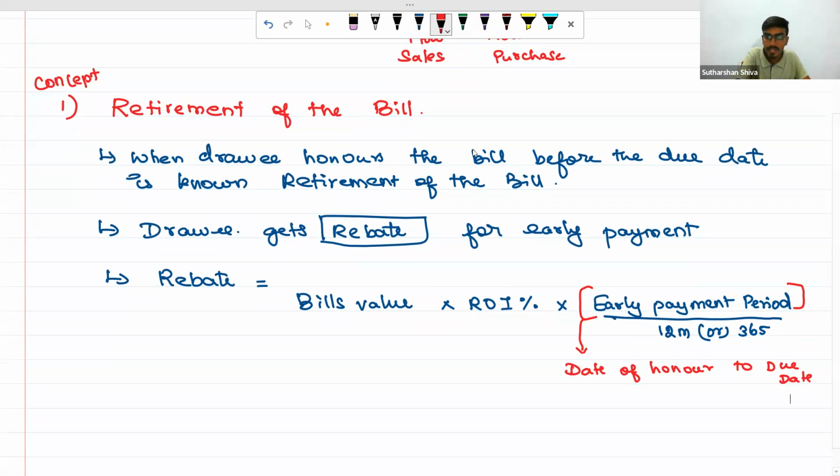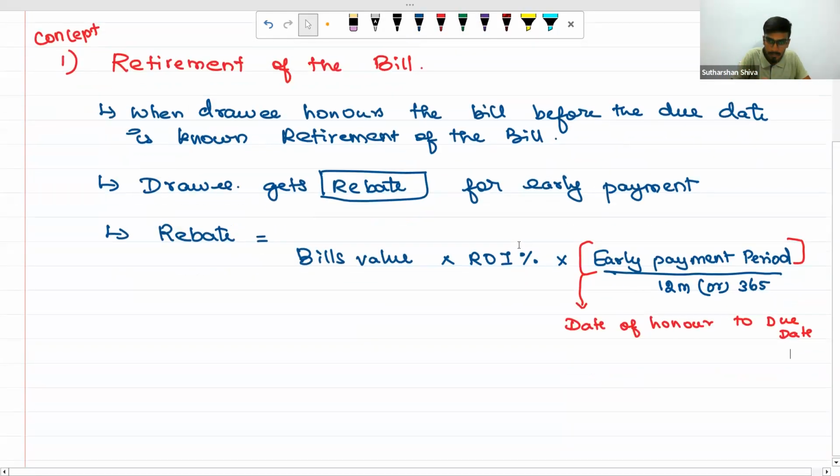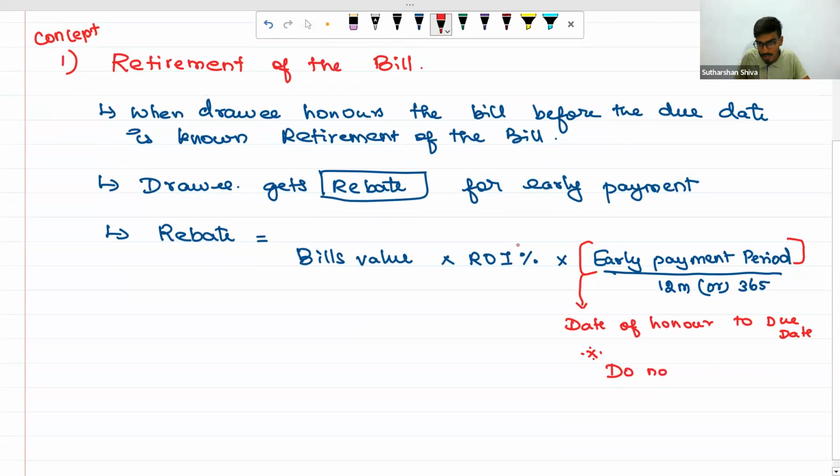Here is an important point: do not consider the grace days. Grace days should not be considered in the due date. This is an important point which you need to remember.